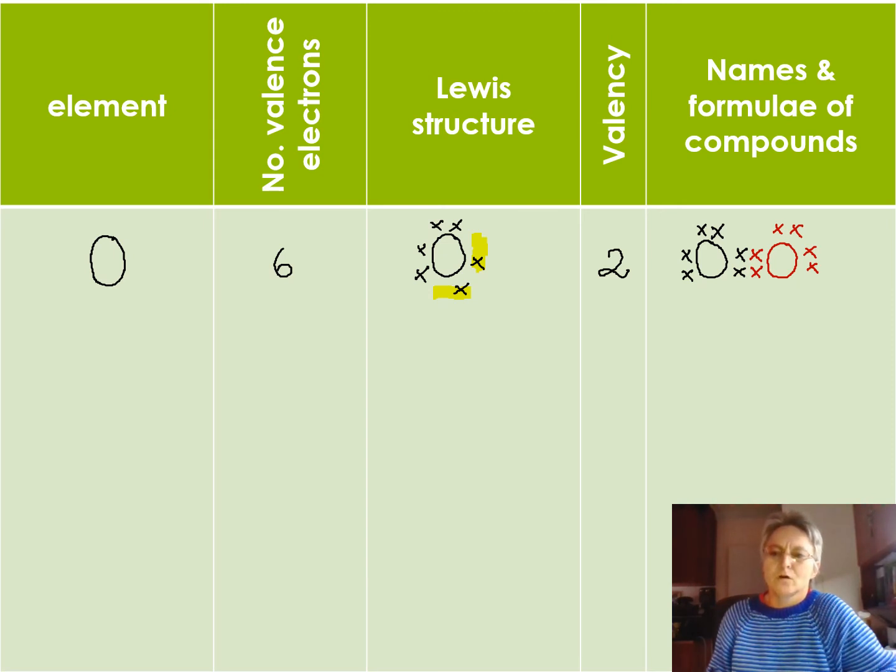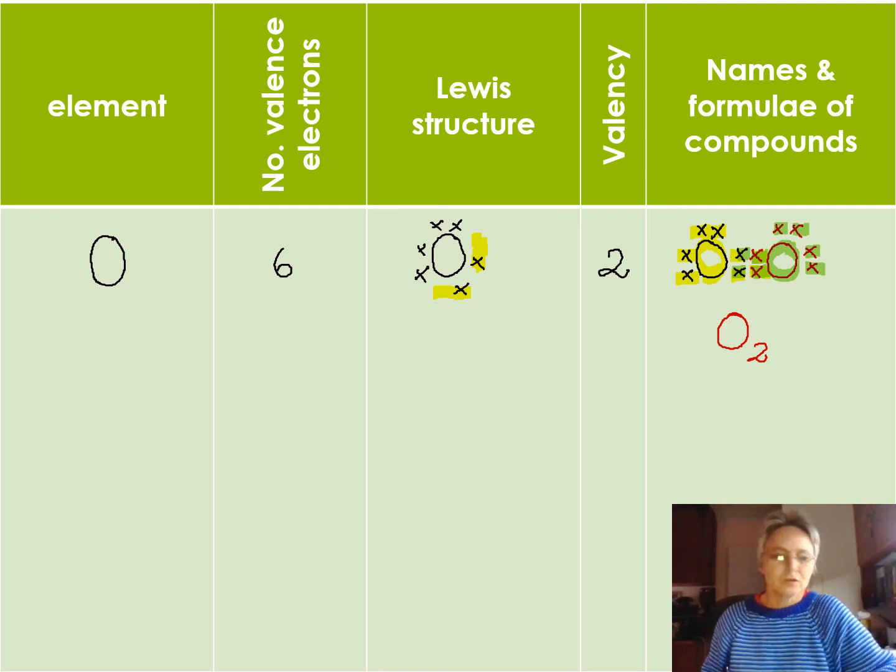So there are 4 electrons shared in oxygen, and oxygen's formula is O2. Oxygen is also a diatomic gas. Let's look at the number of electrons around this oxygen here: 1, 2, 3, 4, 5, 6, 7, 8. Around this oxygen here, also 8. So the diatomic oxygen is stable.